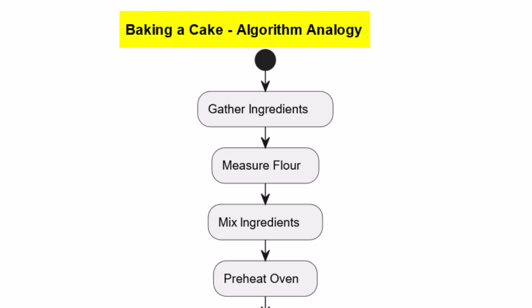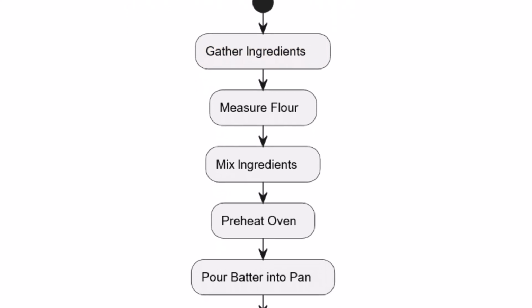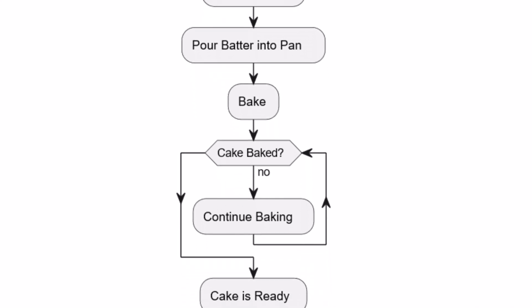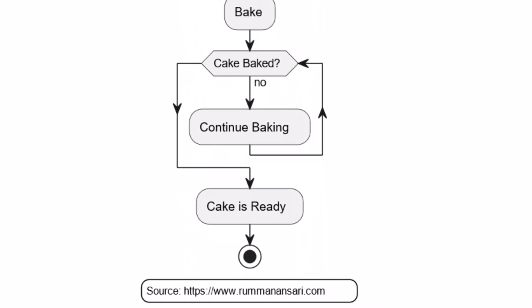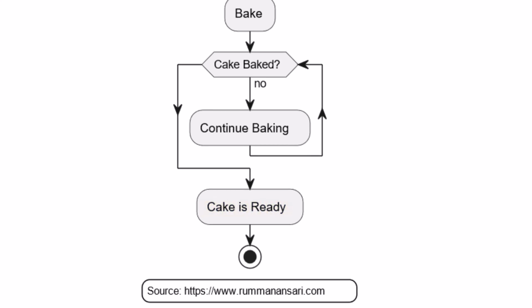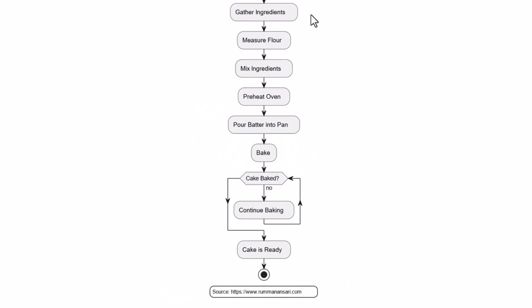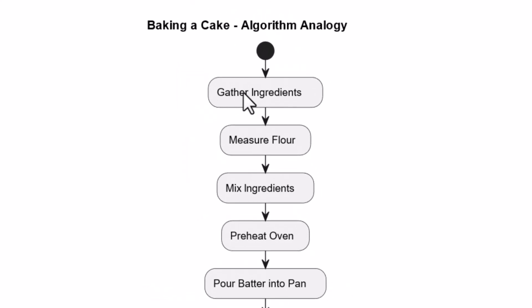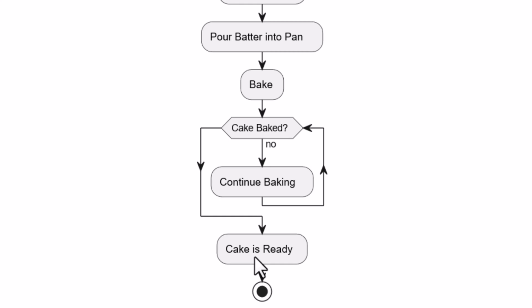The recipe gives you a list of ingredients, so these are the inputs for you, and a set of instructions, that is the algorithm on how to combine them to create a delicious cake, and the delicious cake will be the output. So initially you should have the ingredients, so you have to gather them. This will be your input, and in the end your cake will be ready, so this will be the output.